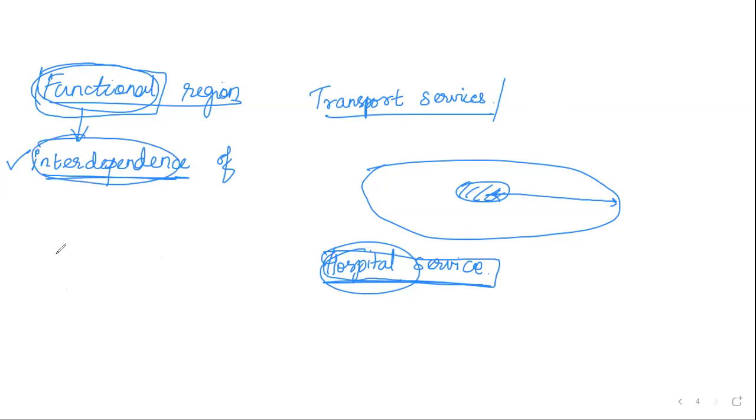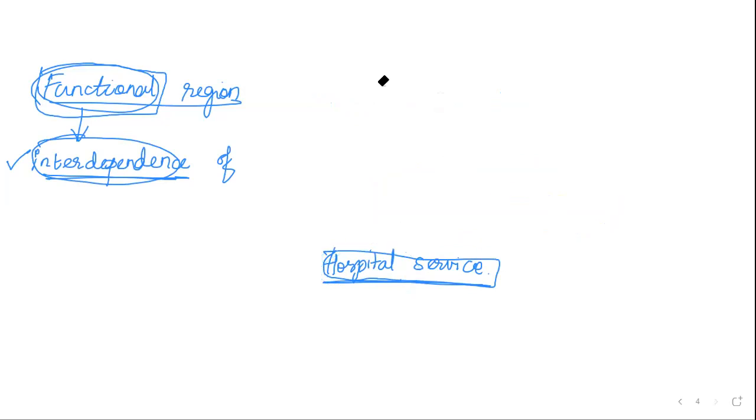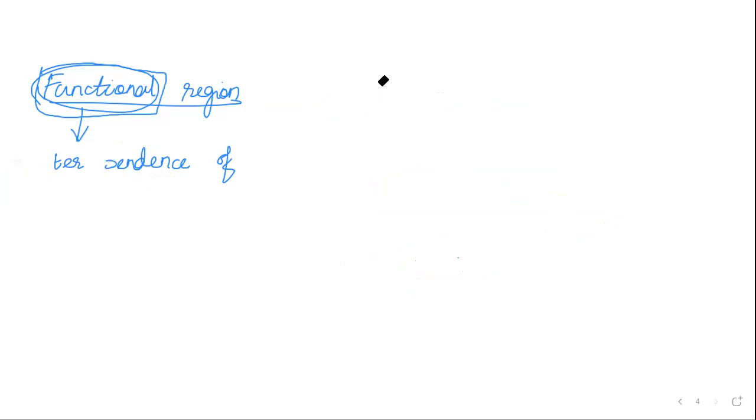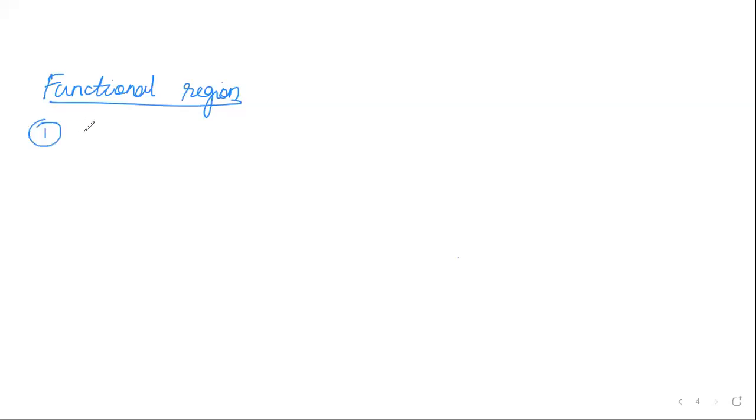Two basic approaches are there with regard to functional region delimitation. Number one, as you all know, it is flow analysis. Number two, based on gravitational analysis.